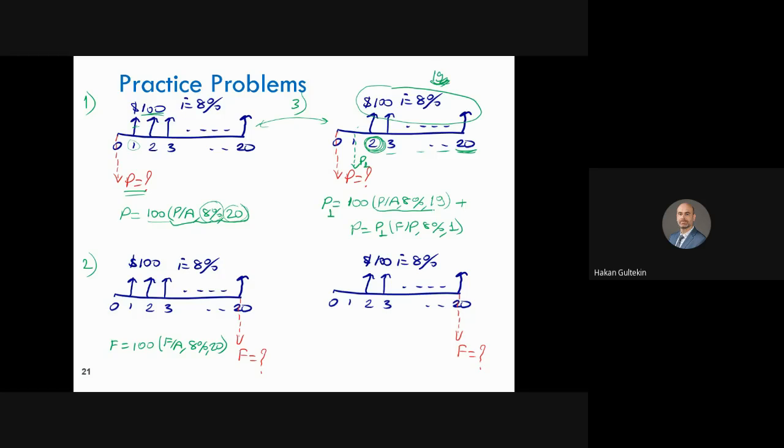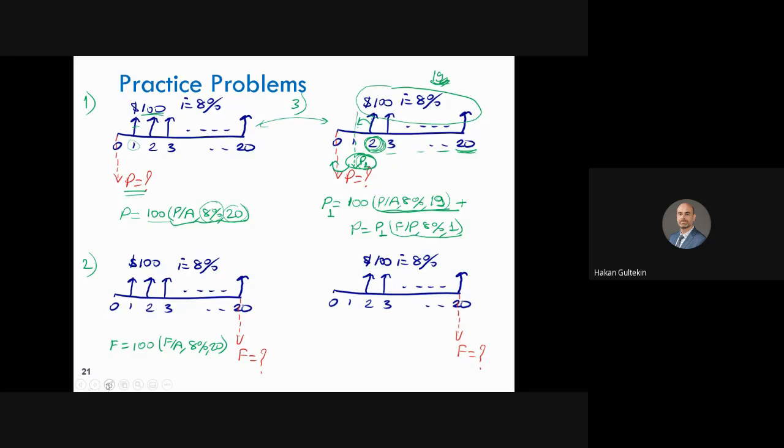And when I use this factor over here for 19 periods, I find the present value one period before the first equal payment. So this factor over here gives me the present value at this time. Now I need to shift it one period before. So it means that I will multiply this P1 with this factor, which shifts.